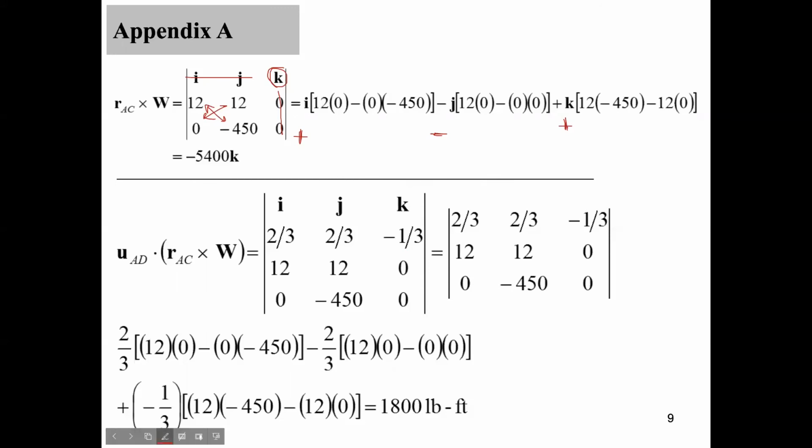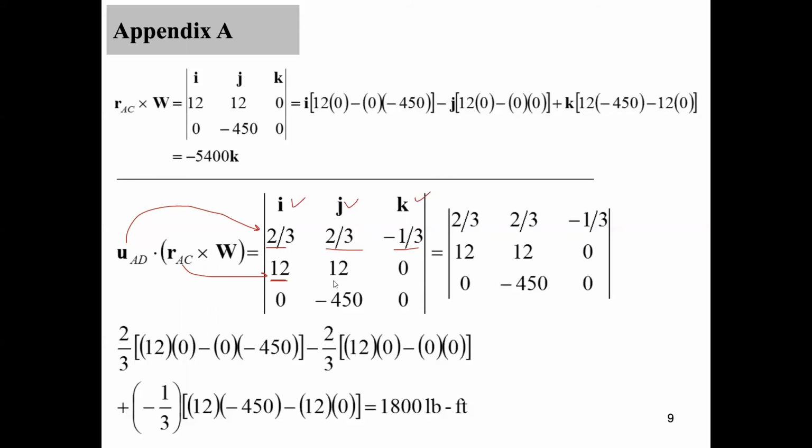Now let's move on to scalar triple product. Write I, J, K. This is our first row. The second row is the components of vector UAD. We have 2/3 in I, 2/3 in J, and minus 1/3 in K. The third row is the components of vector RAC.